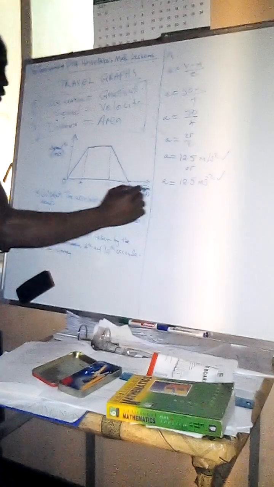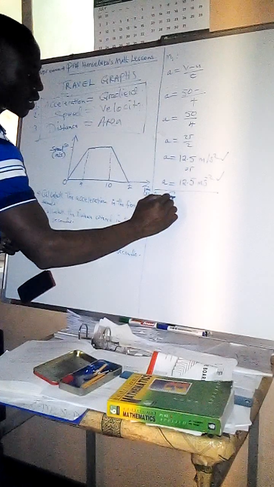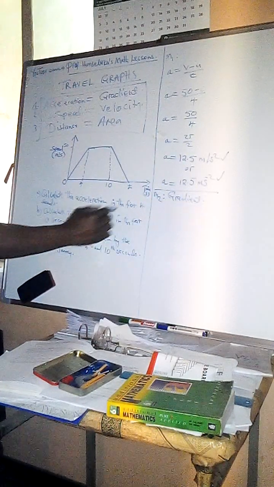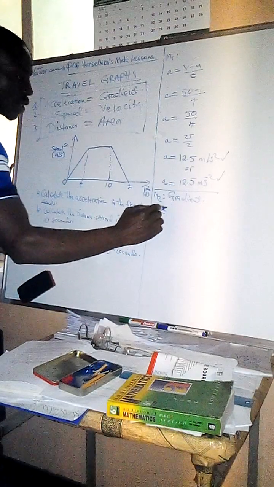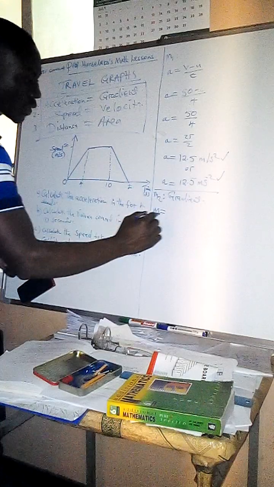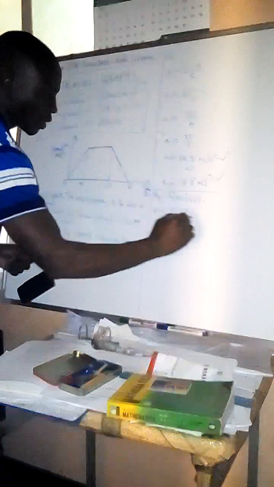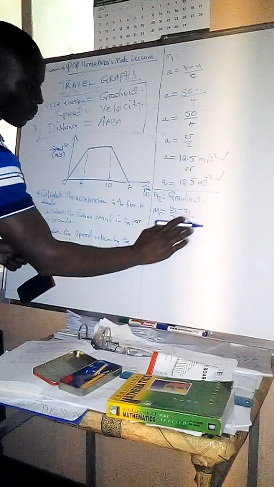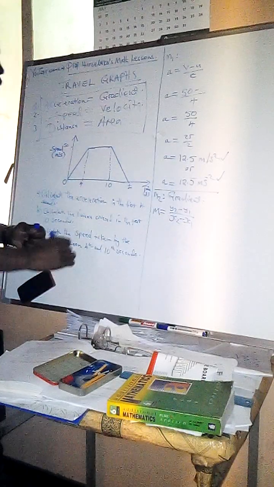Now, let's use method 2. Method 2, we're going to use gradient. Now, the gradient method, we know gradient, by definition, is change in y coordinates over change in x coordinates. So we're going to say y2 minus y1, everything divided by x2 minus x1.